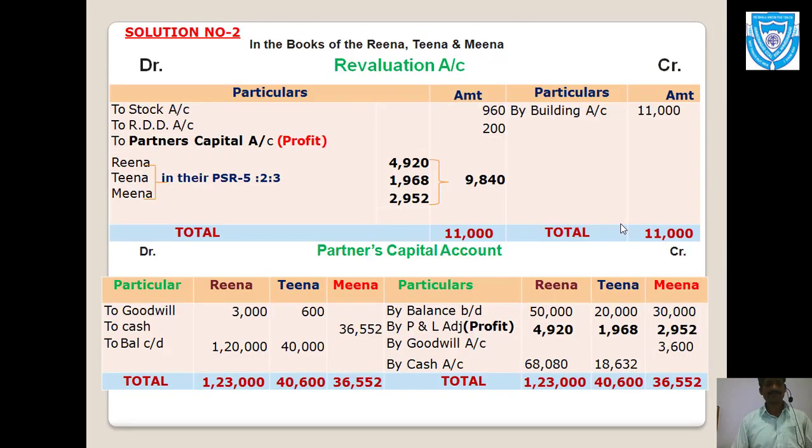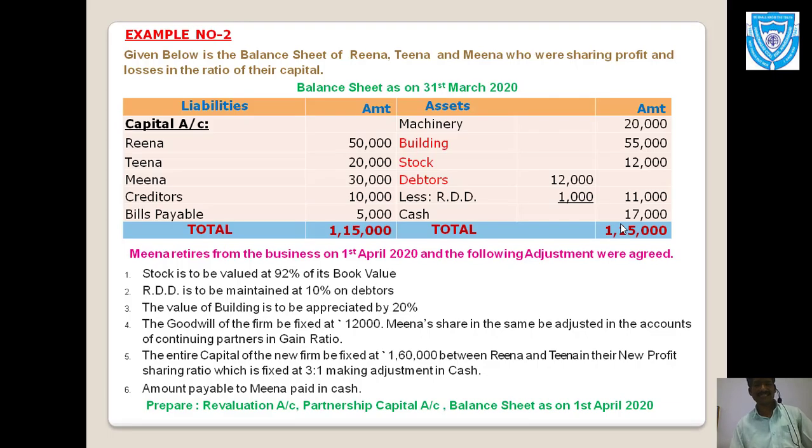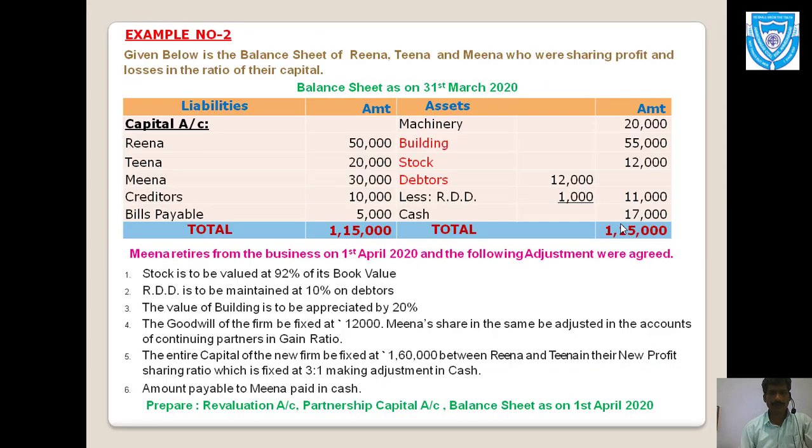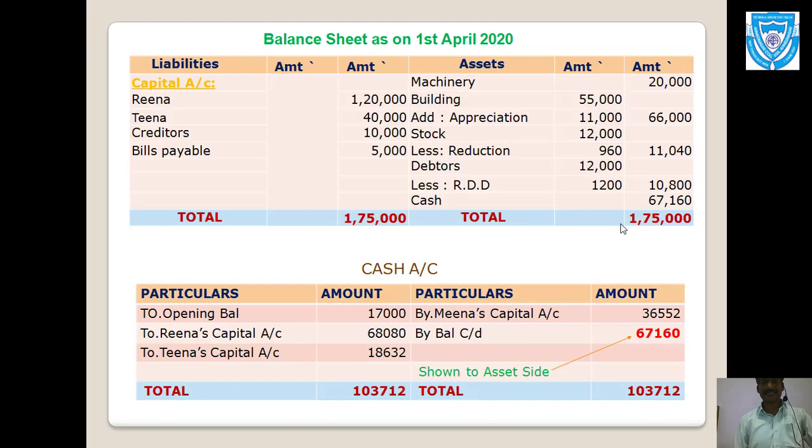Now let us come to asset side. Machinery, again there is no adjustment to machinery here, so it is taken as it is, rupees 20,000. You can see asset side of balance sheet. Then building, rupees 55,000. There is an adjustment to building, so let's take it in inner column.